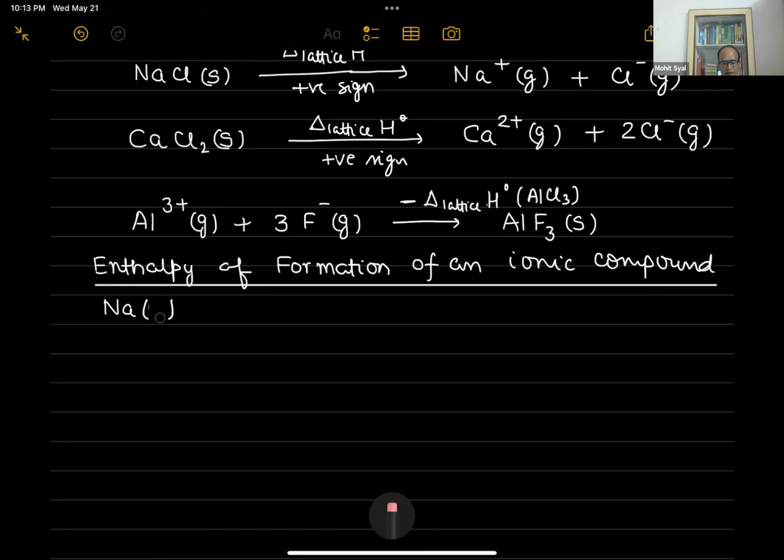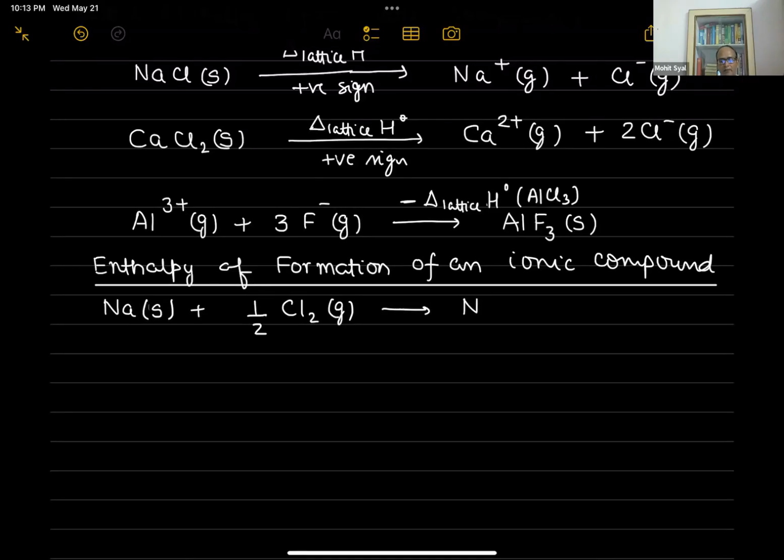You start with the normal elements and you convert them. Enthalpy of formation, that definition we have already discussed in the last but one class, right?